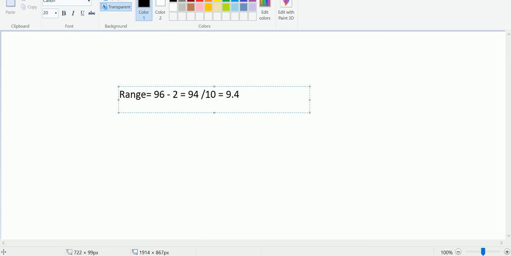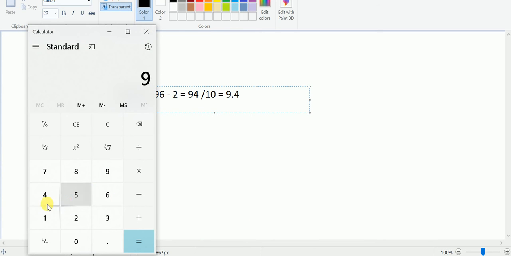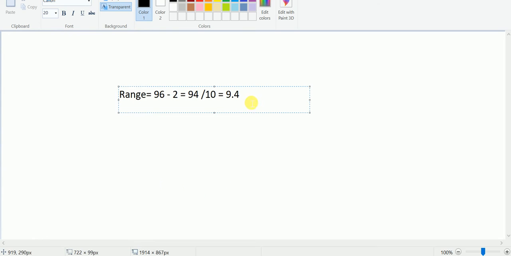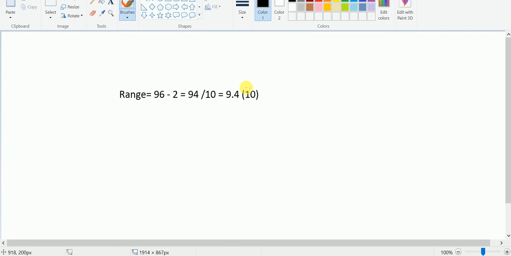Just let us check it. 94 divided by the number of classes we want, so 9.4. That means we can take a round number of 10. So we want 10 classes, and the class interval will be 10 as per our calculation.